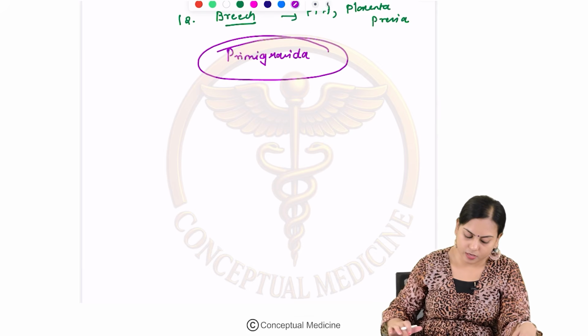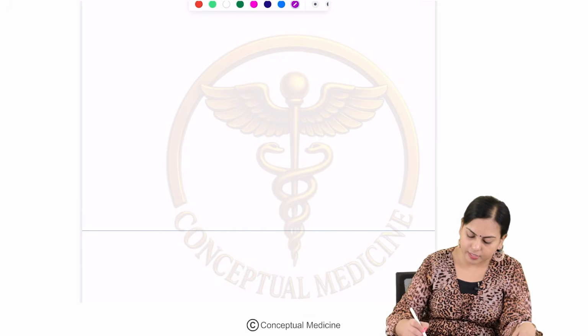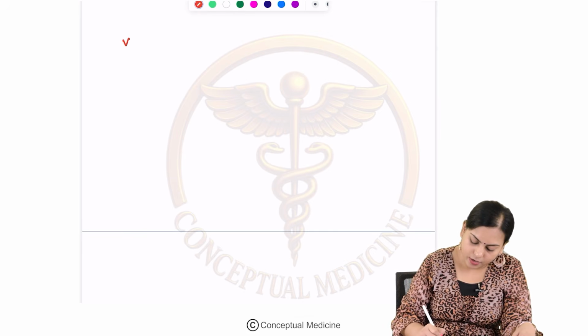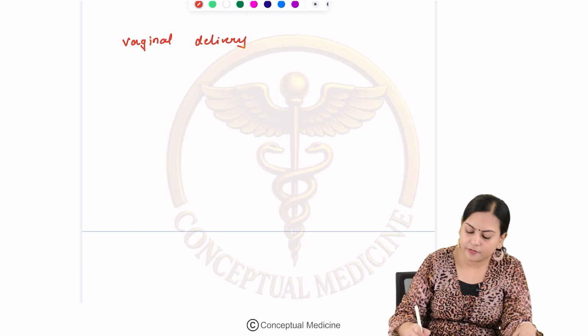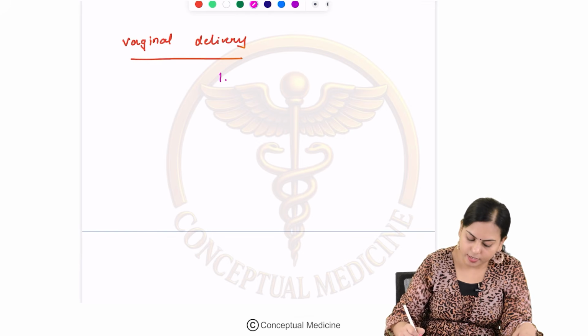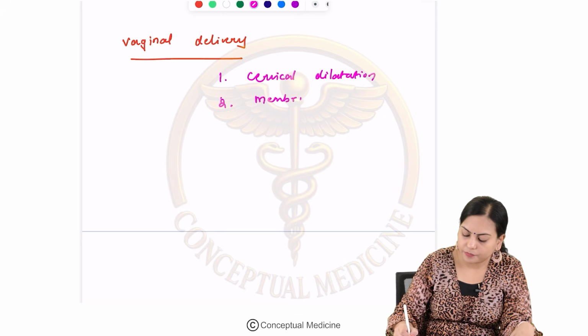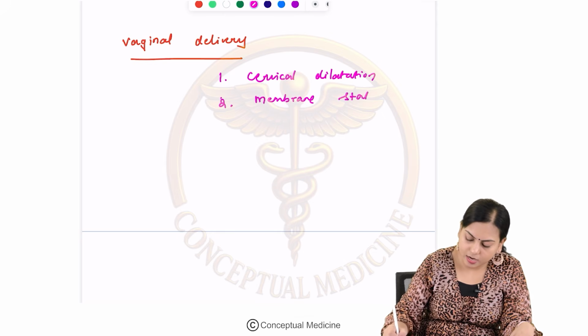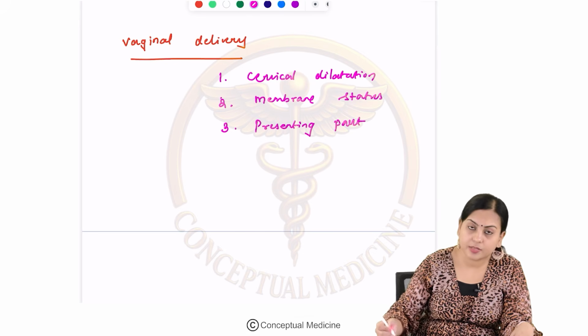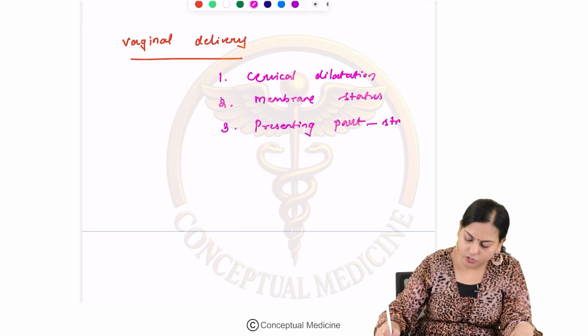Now, while doing vaginal delivery, you have to assess 3 factors. Number 1 is cervical dilatation. Number 2 is what about the membrane status, and number 3 is where is the presenting part, at which station.